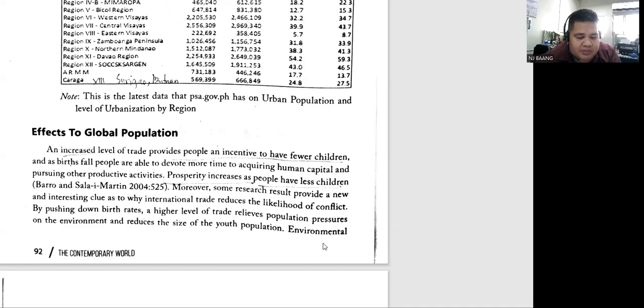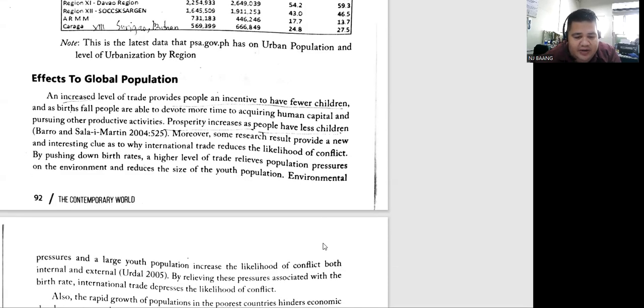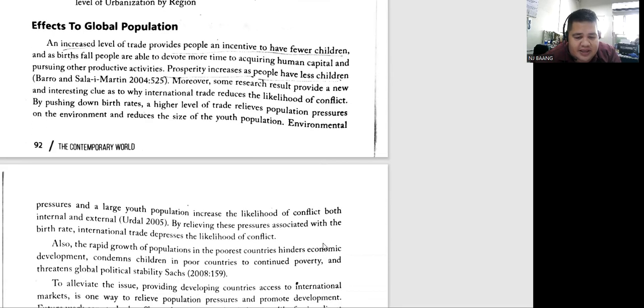By pushing down the birth rates, a higher level of trade relieves population pressure on the environment and reduces the size of the youthful population. These environmental pressures and a large youth population increase the likelihood of a conflict, both internal and external, in 2005.